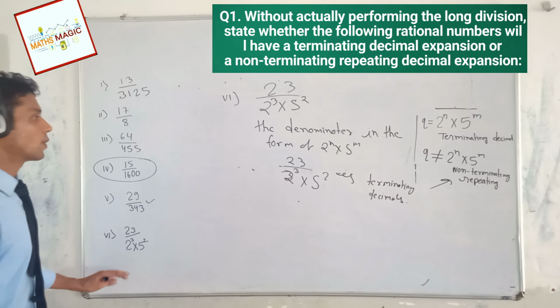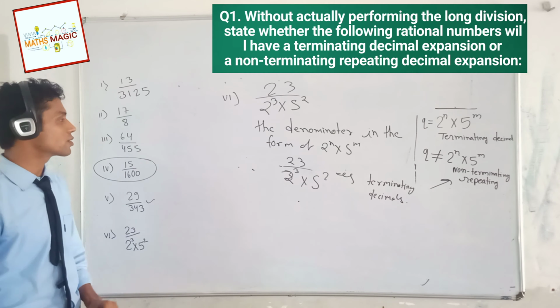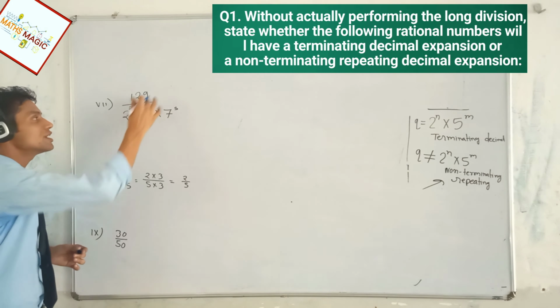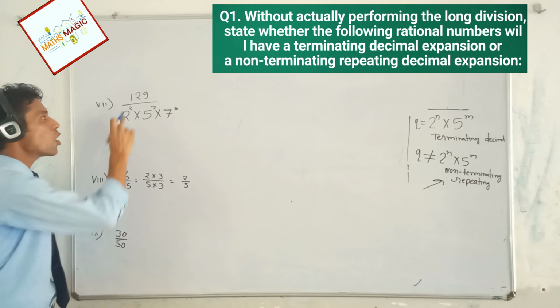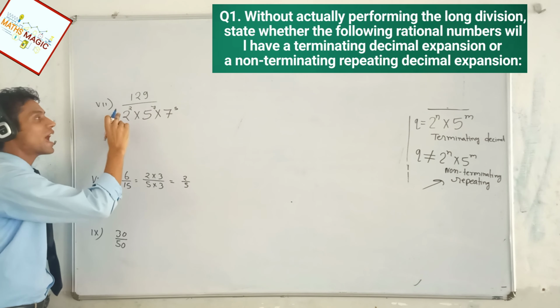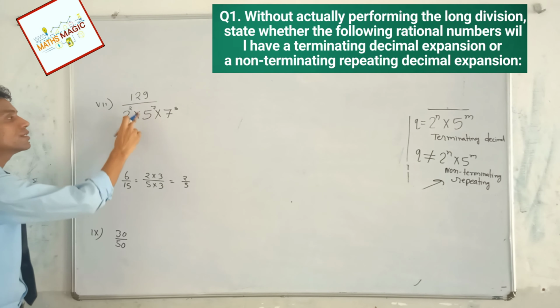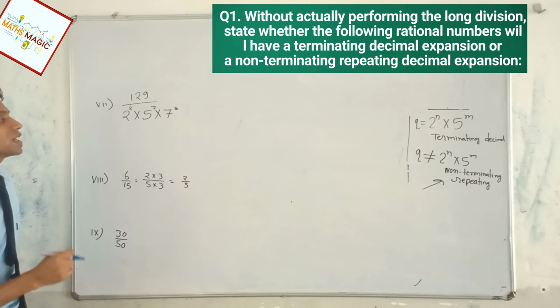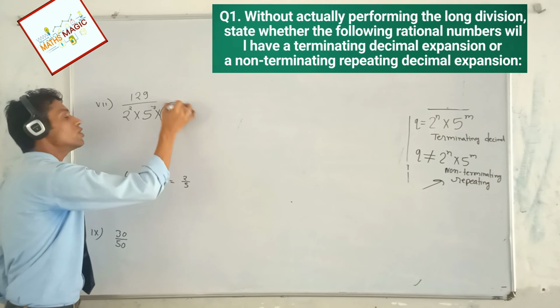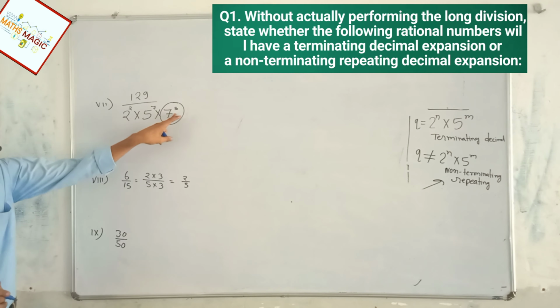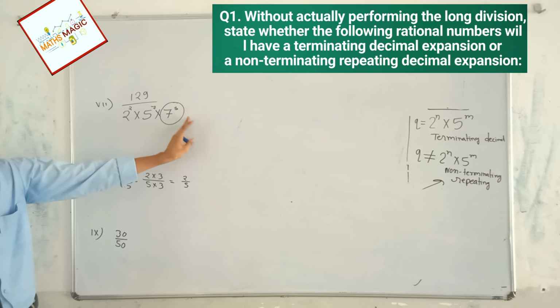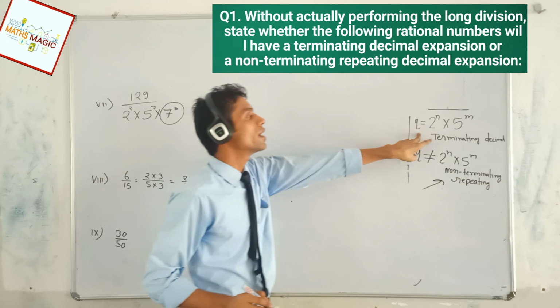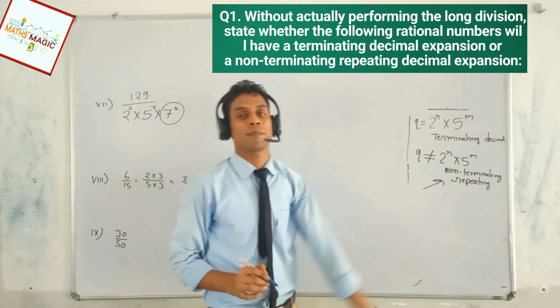Understand? Okay. Now we have to go to the next question. What is question number 7? Question number 7 is 129 by 2 to the power 2, 5 to the power 7 and 7 to the power 5. Now see, in the denominator one factor is 7 to the power 5. If it is there, that means it is not in the form 2^n 5^m.